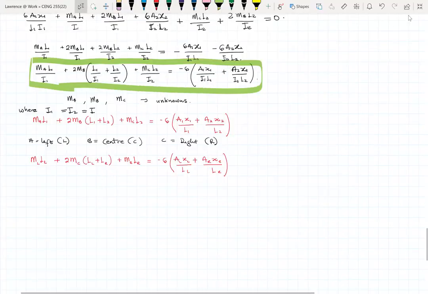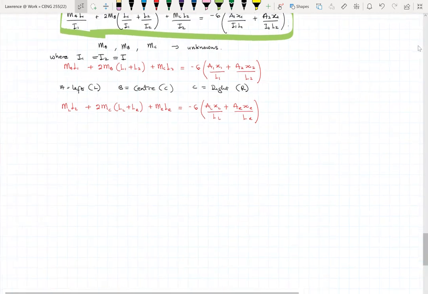All right, so let's look at what we have to do. Let's go straight to some examples to help us appreciate the process involved in using the three-moment equation method.